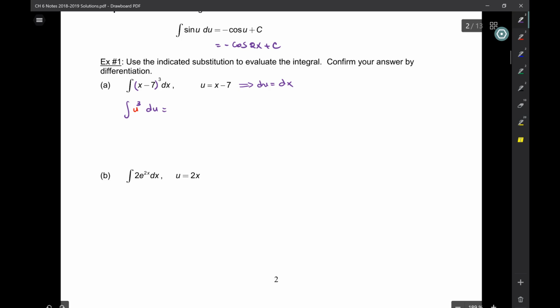Now that it's just in terms of u, I can integrate like I did in chapter 5. So that's going to be u to the 4 over 4 plus c, and that's equal to x minus 7 to the 4 over 4 plus c. Okay? Innocent enough. Right, remember when you integrate, the dx's and the u's go away.